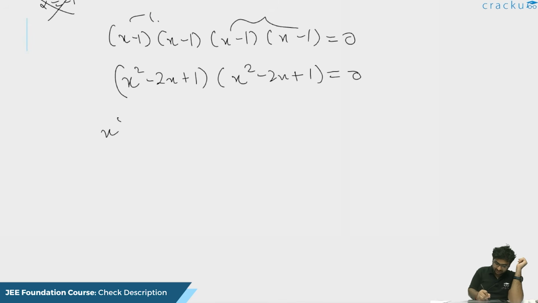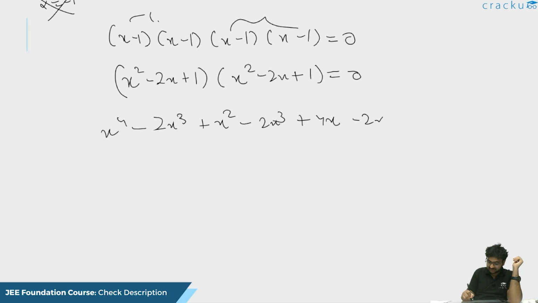That gives x to the power 4 minus 2x cube plus x square minus 2x cube plus 4x square minus 2x plus x square minus 2x plus 1 equal to 0.